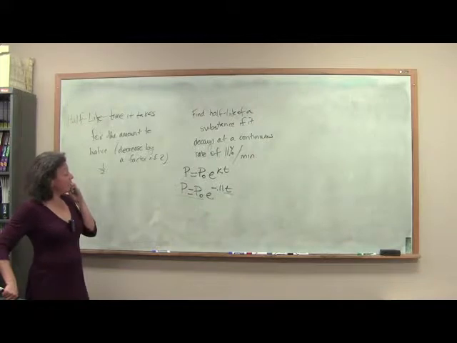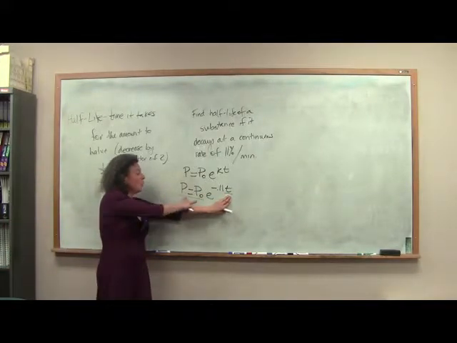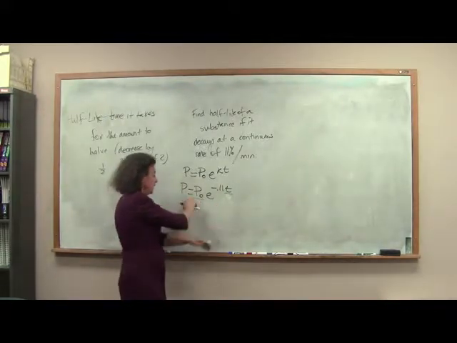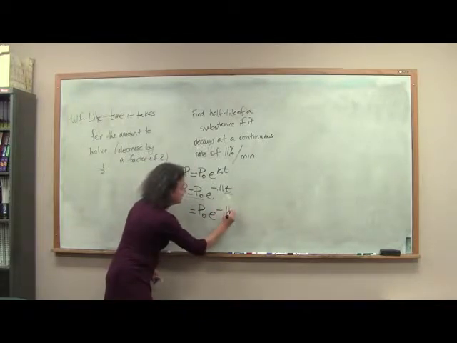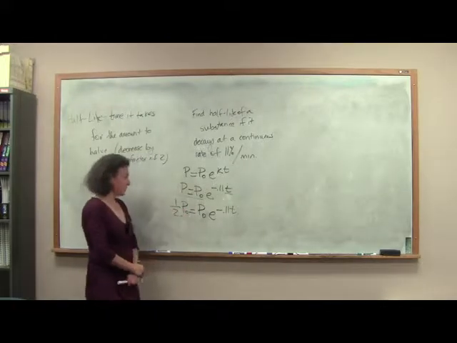And in fact, I am. I'm wanting to find my value of t when half of my substance is left. In other words, when I have half of the original amount.